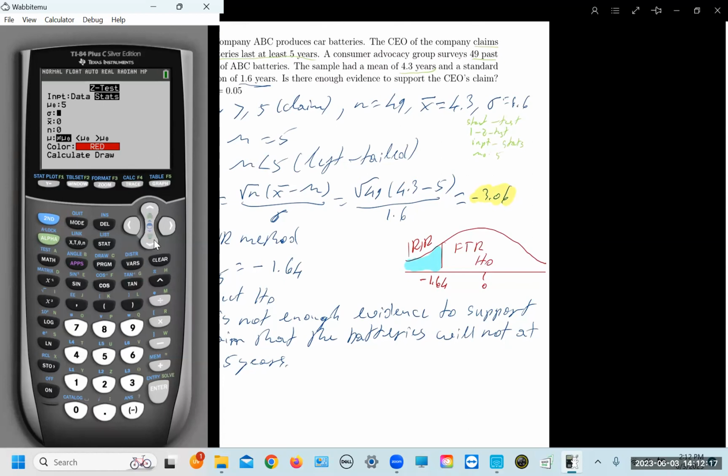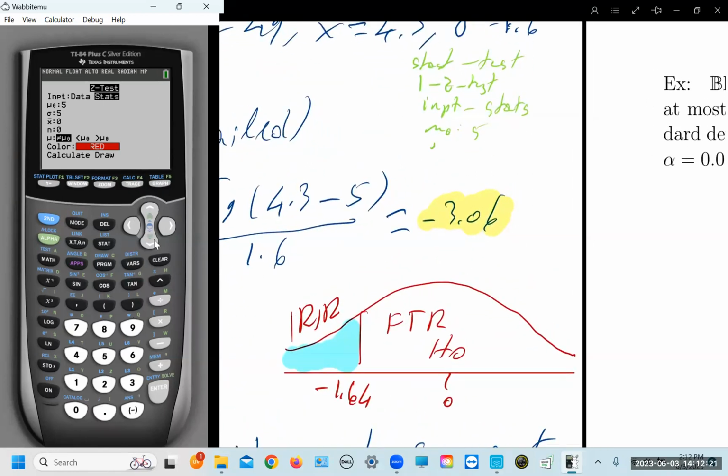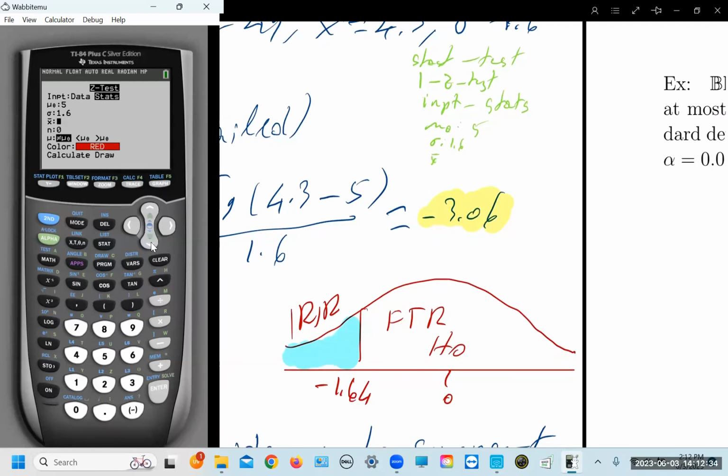Sigma we got 1.6. X bar is 4.3, and N is 49.